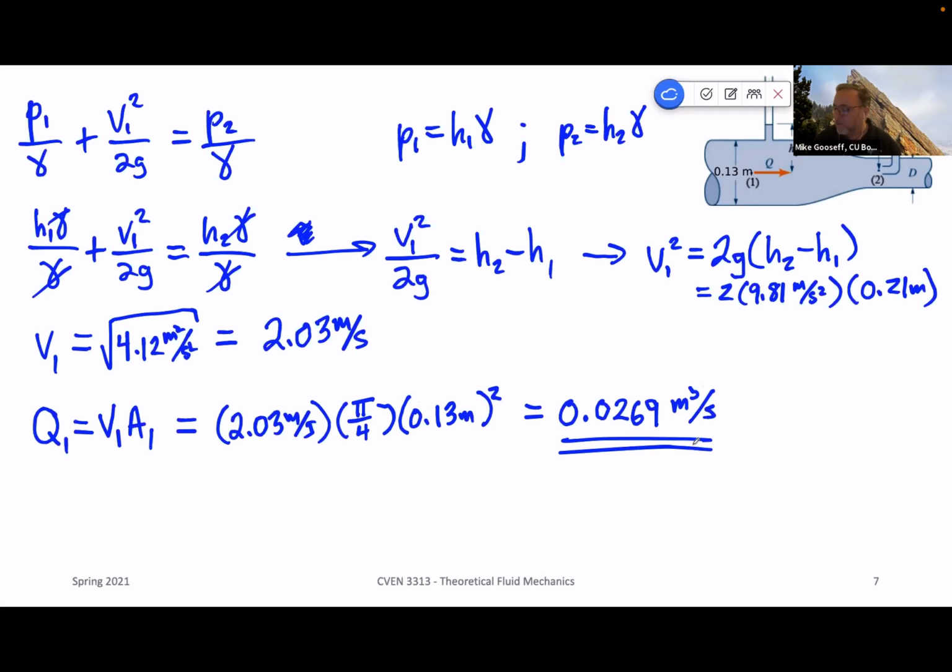Okay, we can write that in scientific notation, but essentially we have two significant figures there. As I look at what we were given, we've got two significant figures, so probably rounding to 0.027 would be the smart thing here.